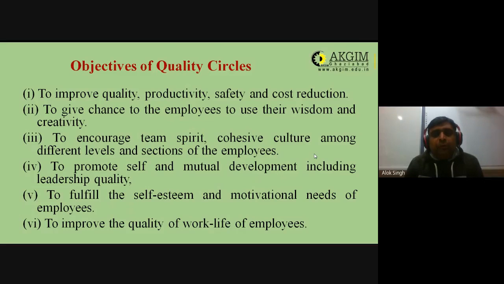Next is to improve the quality of work life of employees, and this way you will definitely improve the quality of work life of your employees. So these are the various objectives, and to accomplish them, you will deploy quality circle in your organization.